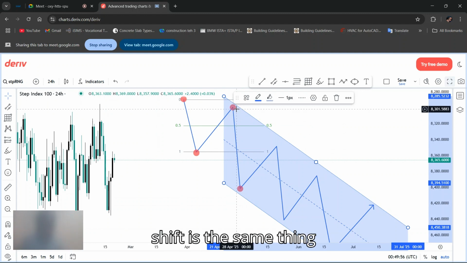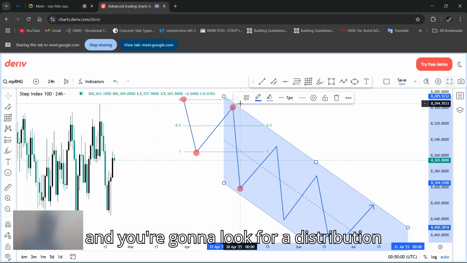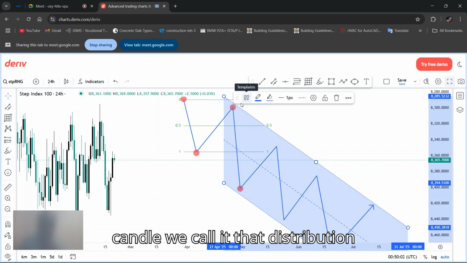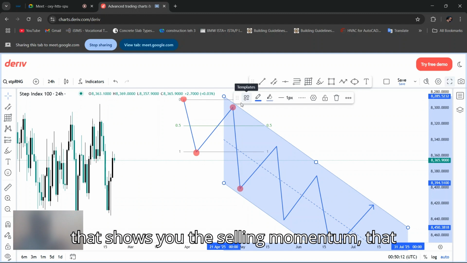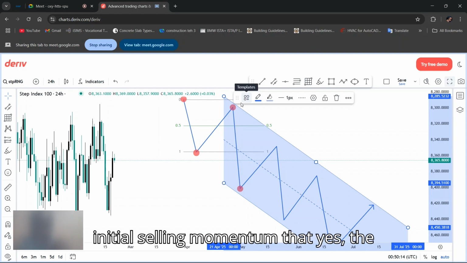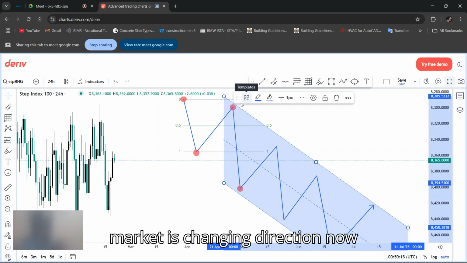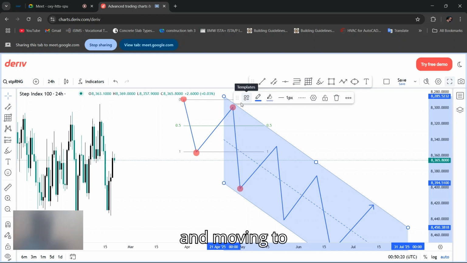Market structure shift is the same thing. And you're going to look for a distribution candle, that large selling candle that shows you the initial selling momentum, that yes, the market is changing direction now and moving to an area of sellers.